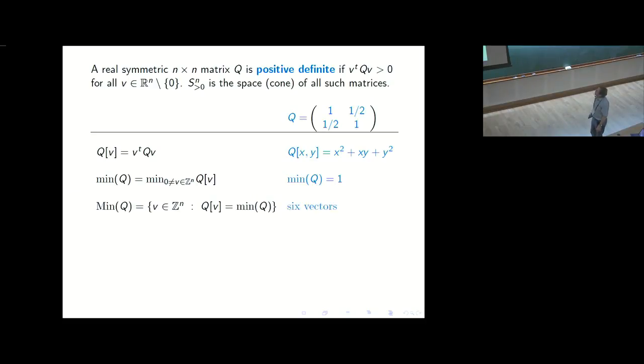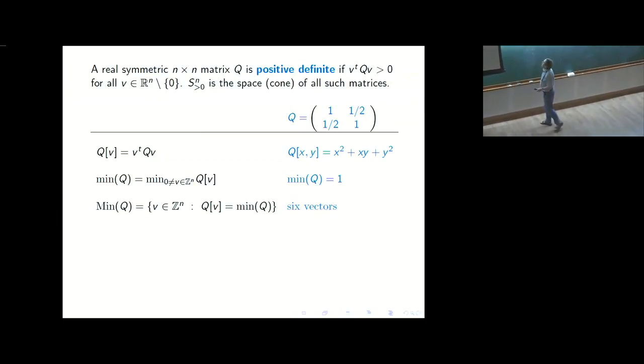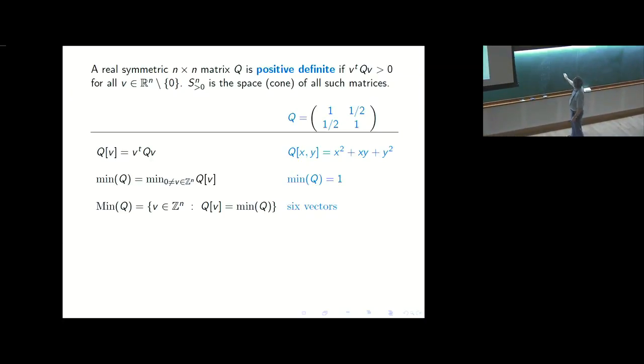And then capital M, the min of Q, is the collection of all vectors where the minimum is attained. So in this case, the minimum is 1, and it's attained on the vectors (1, 0) and (-1, 0), giving x squared plus xy plus y squared equal to 1. I can also do (0, 1) and (0, -1), and I think I can also do (1, -1), isn't it? So I get 6 vectors in that case.